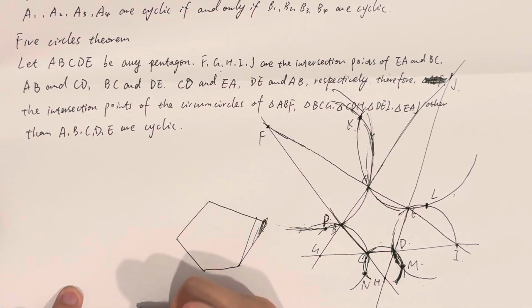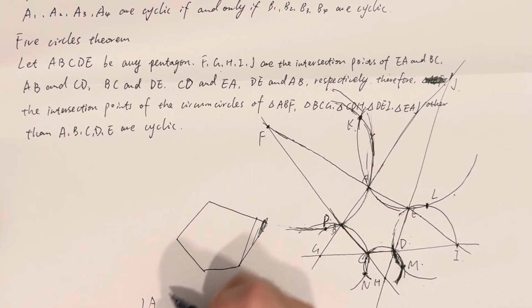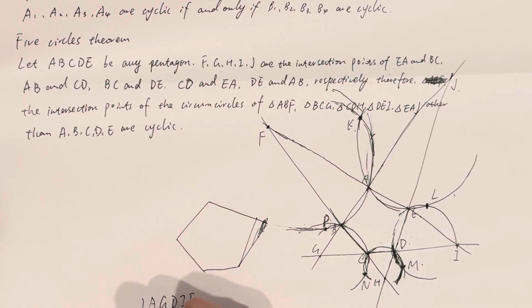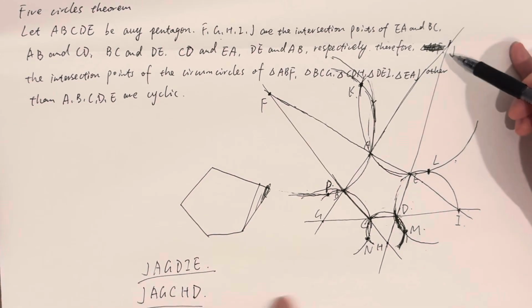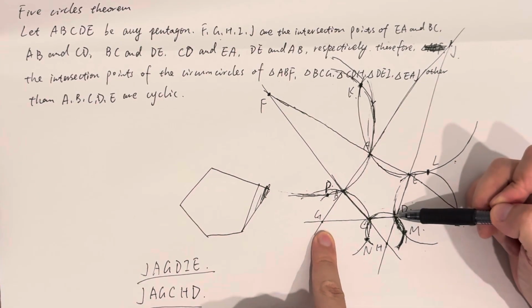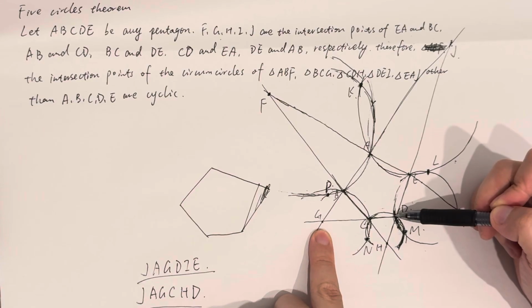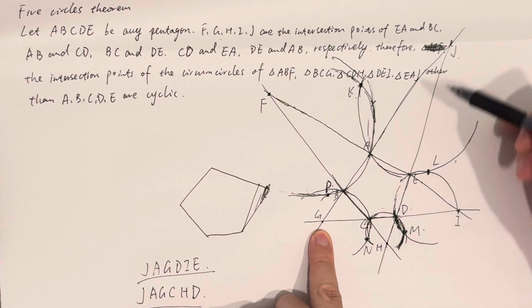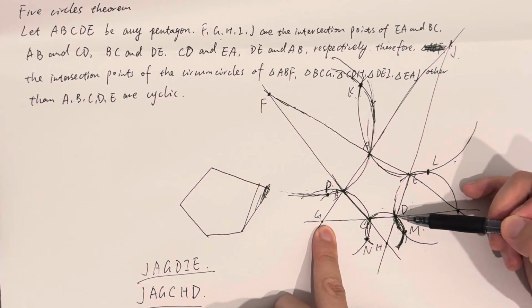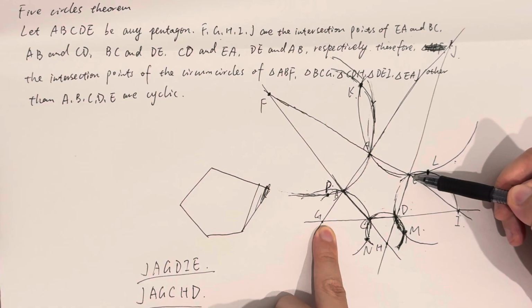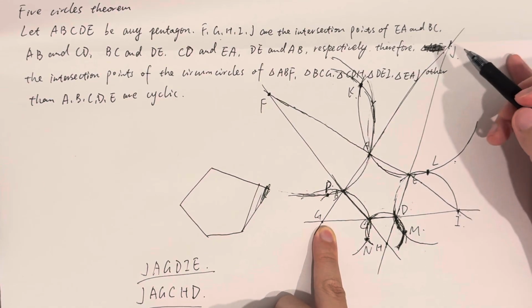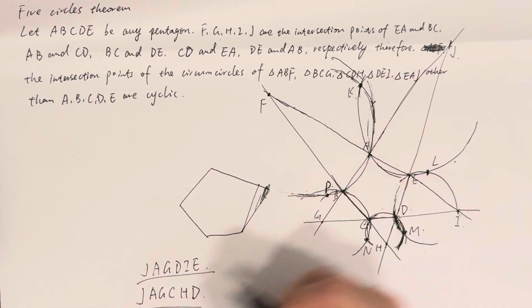For both J, A, G, D, I, E, and for J, A, G, C, H, D. For these two cases, the triangle JGD is a common triangle in the complete quadrilateral JAGDIE and the complete quadrilateral, actually here it should be B, right?